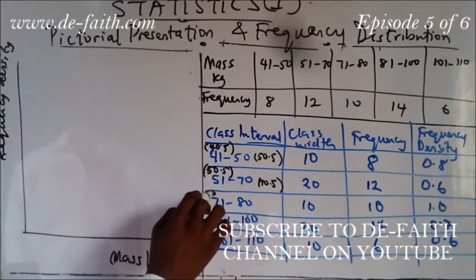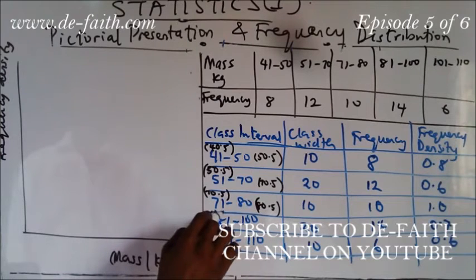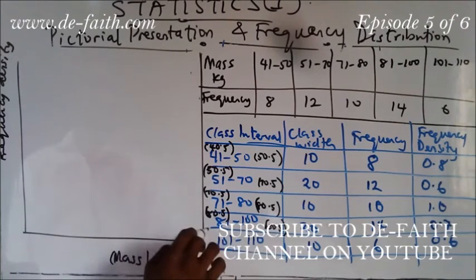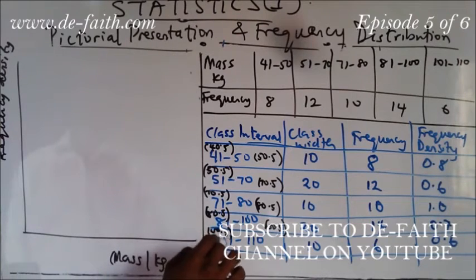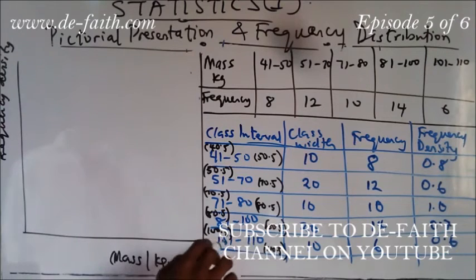Over here we have 70.5, and here we have 80.5. Here we have 80.5 to 100.5. Over here we have 100.5 to 110.5. Those are the lower and upper class boundaries.